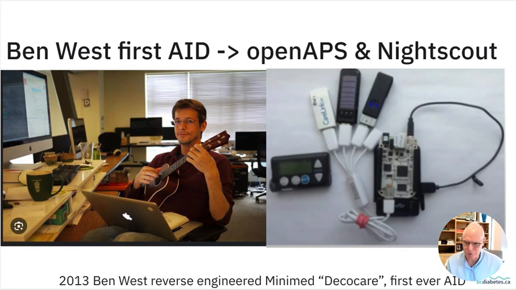He basically spent 4 years of his life between 2009 and 2013 reverse engineering Minimed CareLink and hooking up a bunch of gizmos with the Dexcom to provide the first ever AID. This was 3 years before Medtronic made its first AID with temp basal available. So Ben ultimately is my #1 DIY AID hero.